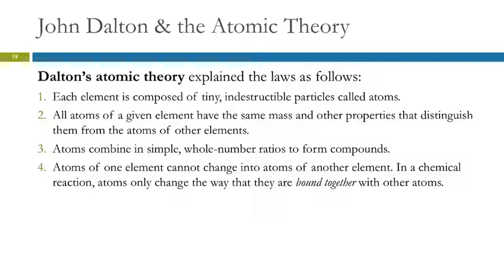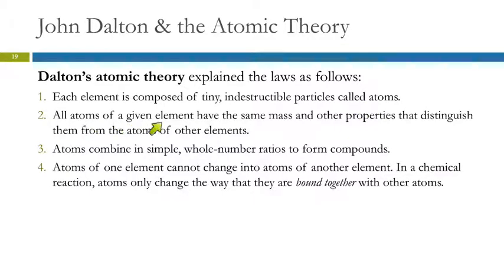So we mentioned John Dalton's atomic theory in chapter 1, but we're going to talk about it a little more in depth. His atomic theory explained those laws: conservation of mass, law of definite proportions, and law of multiple proportions. Each element is composed of tiny indestructible particles called atoms.